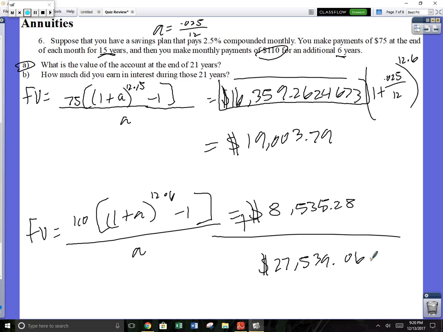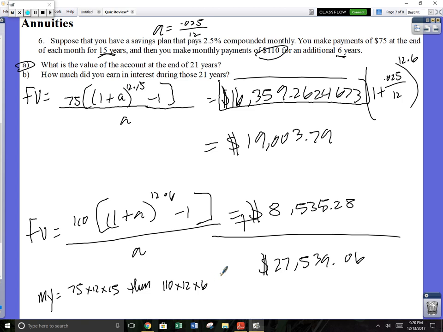So question B is the good question. How much of that is mine and how much of that is money I made? So what's the interest? So my money is this. I paid 75 bucks a month, so times 12, for 15 years. Then I paid 110 bucks a month, so times that by 12, times that by 6 years.